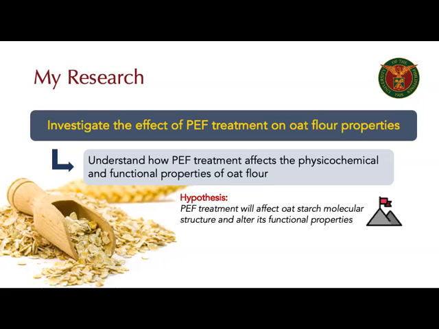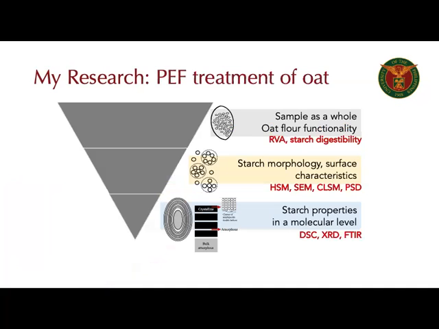Okay, so when I started, my hypothesis is that PEF treatment will affect oat starch molecular structure and therefore alter its functional properties. So what I did was, because I was dealing with the technology on a relatively new field, I used this inverse triangle strategy. And that is from a general perspective, and then you go towards a more specific approach. So I investigated first if there are significant changes doon sa overall functionality of the product.